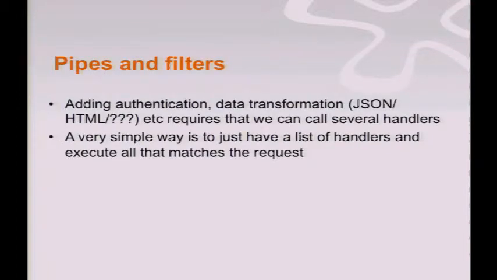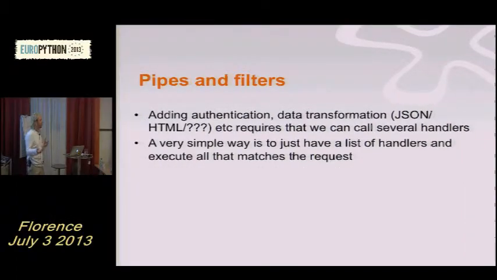So we'll move on. If we want to do something more with our framework than just have request and return data, if we want to have authentication, if we want to be able to encode data on the fly to different formats, as we want to do if we have an API, we might want to be able to return different kinds of encoded data, and we might not want the handlers to do that.